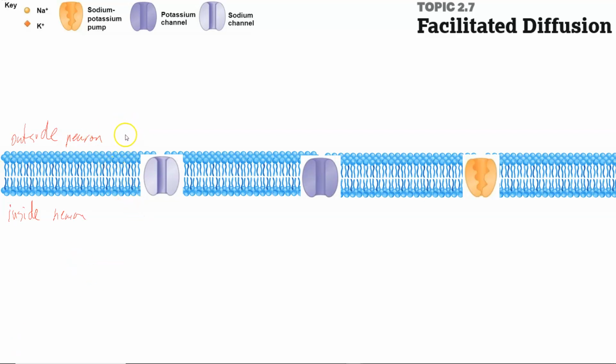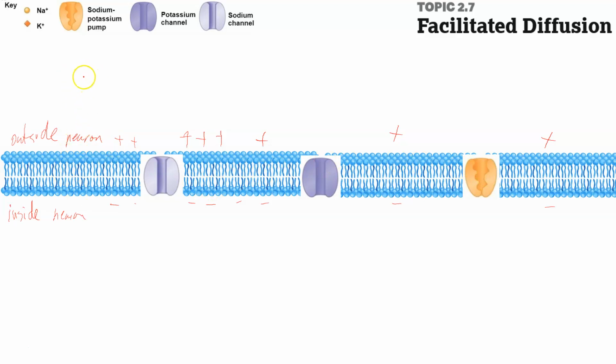Okay, so at rest, there is a charge difference on both sides of this membrane. Outside of the neuron, you have a net positive charge here. I'll just write little positive signs over here. And inside, relatively, you have a negative charge.